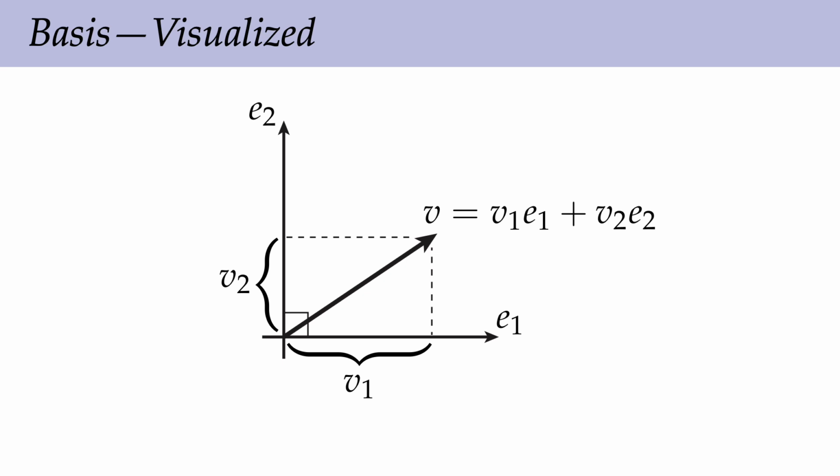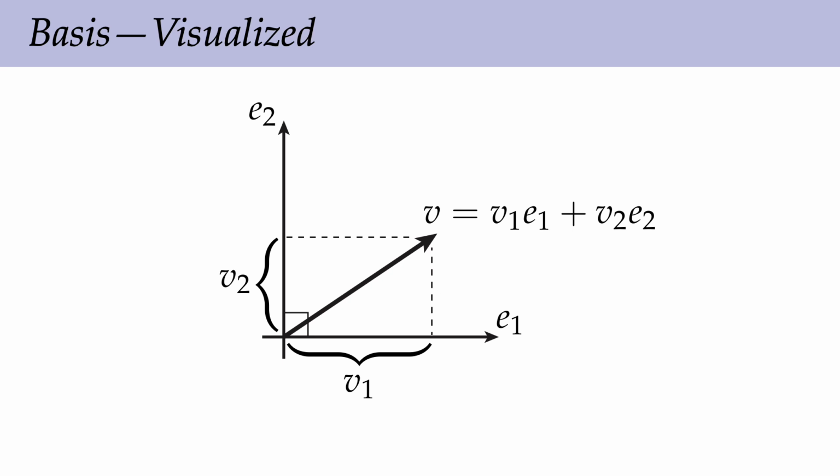Okay, so first let's recall, what is this idea of a basis all about? And here's a perfectly good mental image. I have a vector v in the plane, and to specify that vector, I can choose some pair of coordinate axes, e1 and e2, and I can simply measure how far the vector v goes along the axis e1 and how far it goes along the axis e2, call those v1 and v2.